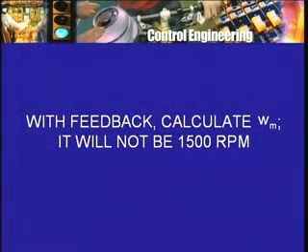So in fact, the voltage that is produced will not be 230 volts. What will it be? Well, we need to calculate. We need to make fresh calculations to find out what this new voltage will be at the output of the amplifier. But you can do the calculations, find out what the speed is, and you will find that it will not be 1500 rpm.